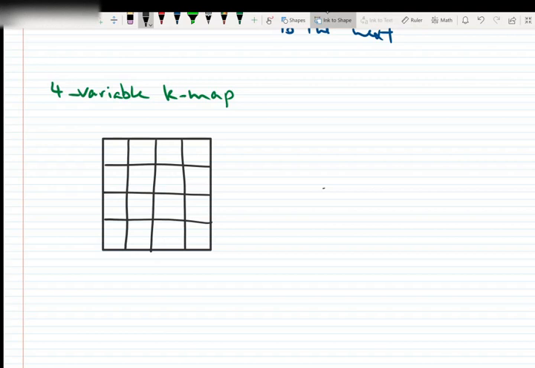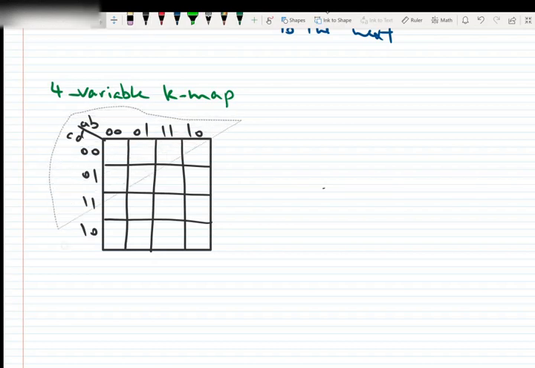Okay, and A, B are here, C, D are here. So 0, 0, 0, 1, 1, 1, 1, 0, and 0, 0, 0, 1, 1, 1, 1, 0. Let me copy this K map. We will need it later.